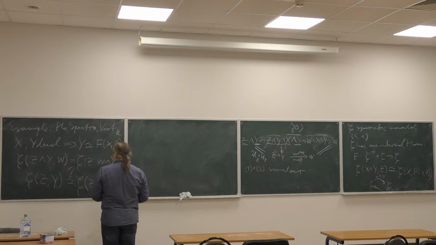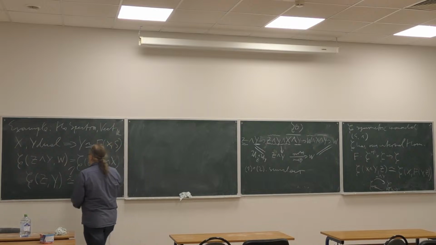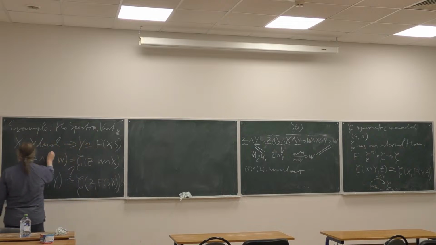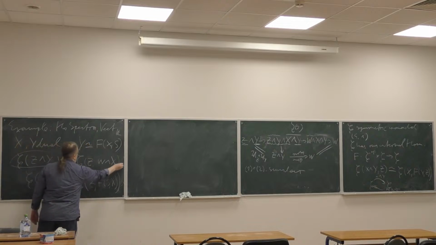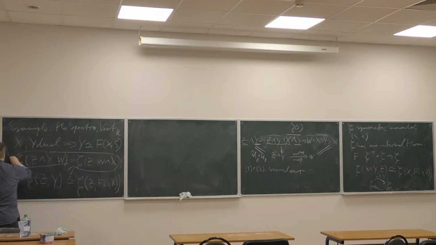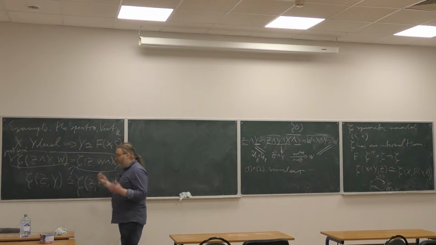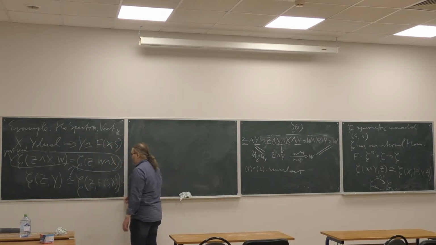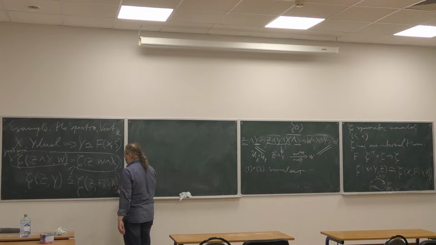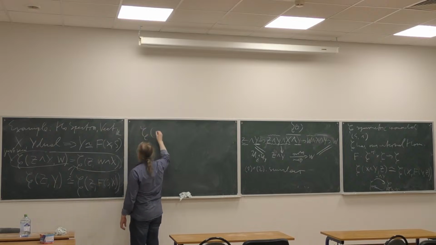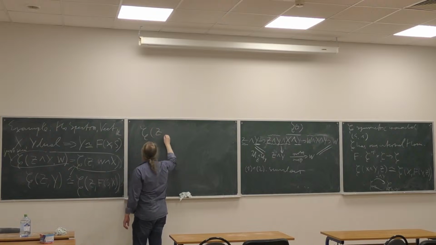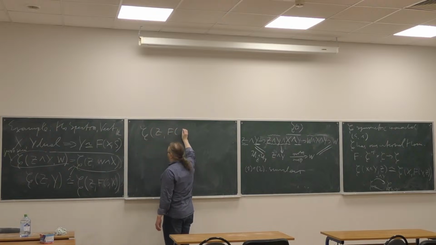Okay, so this first equality is something we've just seen. And the second equality is something we want to prove. Well, let's start with the right-hand side. C of Z, F(X, S).